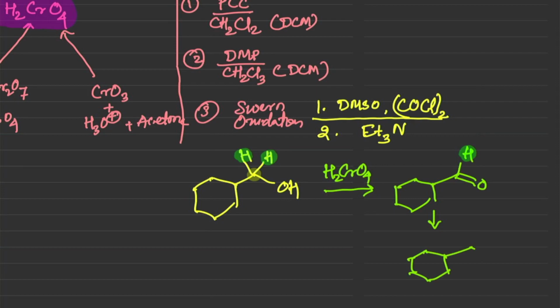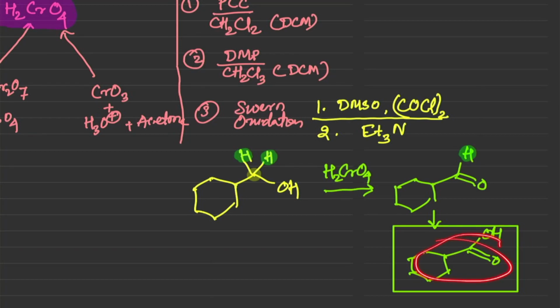And bingo. So this is the answer you will write, because as soon as you make your aldehyde, it will immediately oxidize to this. Okay, so if you write this, it will be wrong.